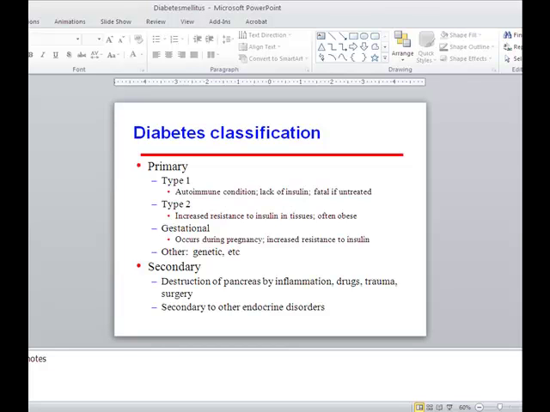It's just that this is associated with pregnancy, gaining weight during pregnancy. And there are other primary causes where probably the beta cells are not producing enough insulin, or there is insulin insensitivity of the target tissues due to genetic reasons. Okay. But here the primary defect is with insulin or the insulin receptors.